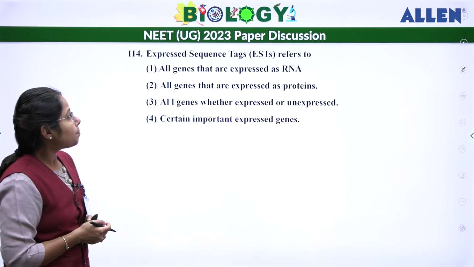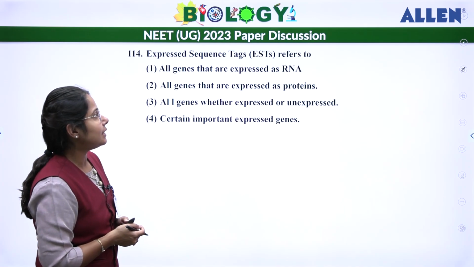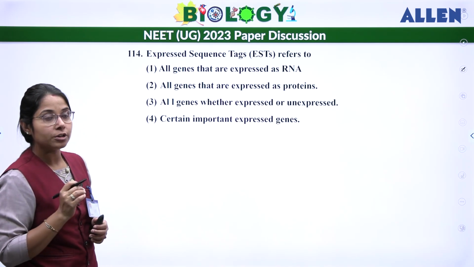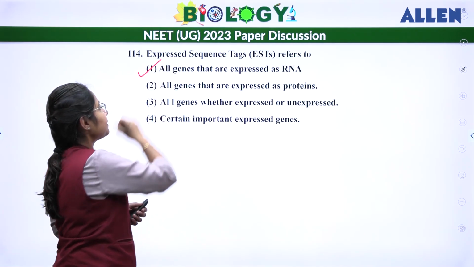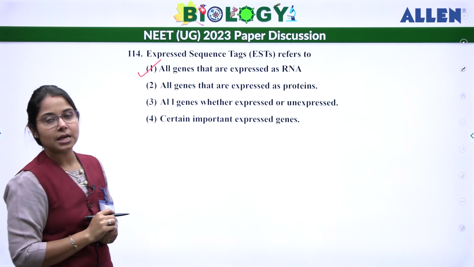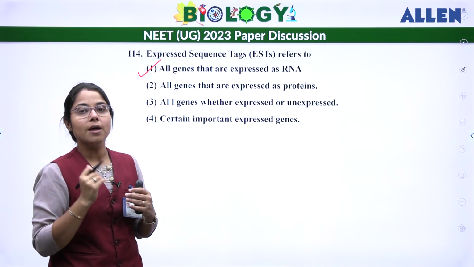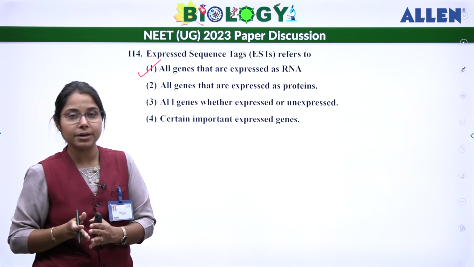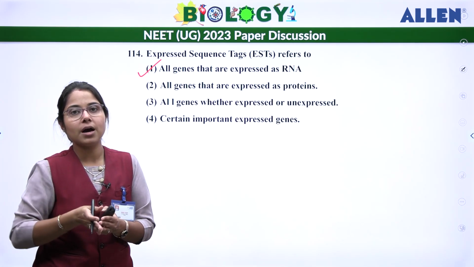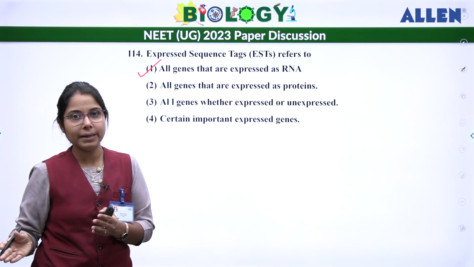Next, expressed sequence tags, that is ESTs, refer to: first of all, genes which are expressed as RNA, which is correct. Because expressed sequence tags only take into account the genes which are expressed. It is the one which gets transcribed into RNA, and then from the RNA translation will occur and the proteins will be formed.